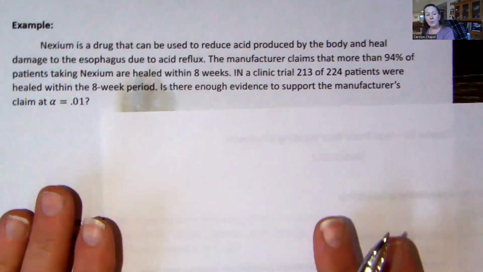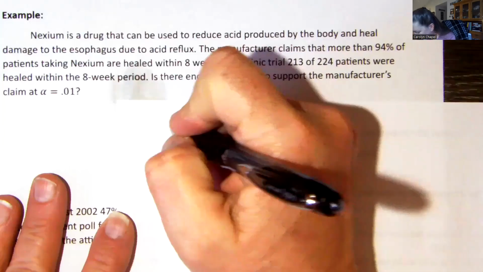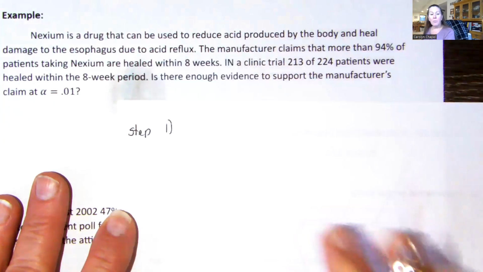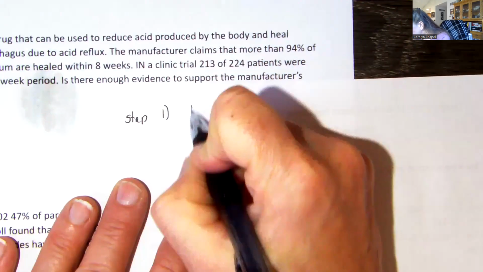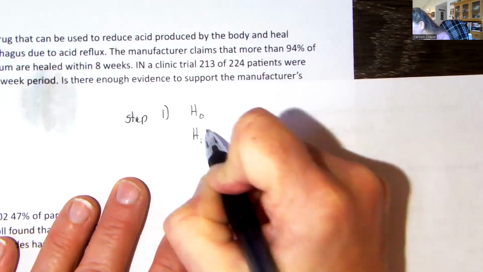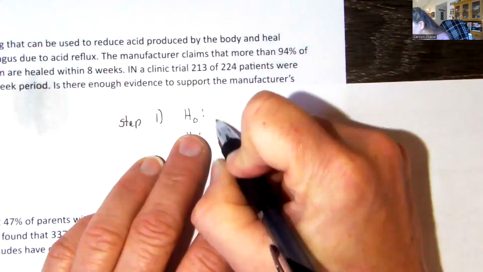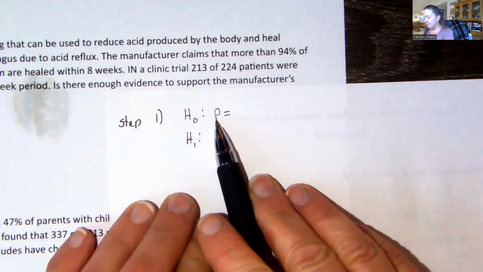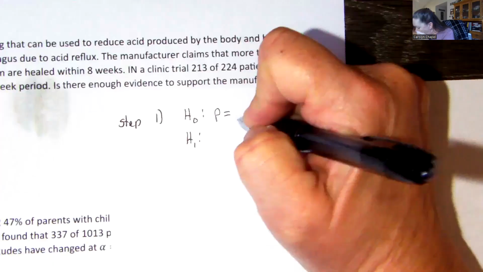All right, so we're going to go through our 5 steps. So step number 1, and I will actually write these out for us. Step 1 is to write those hypotheses. So we have our null hypothesis and our alternative hypothesis. Our null hypothesis is that equal statement. We are talking about a population proportion, and it's that 94% that they talk about.